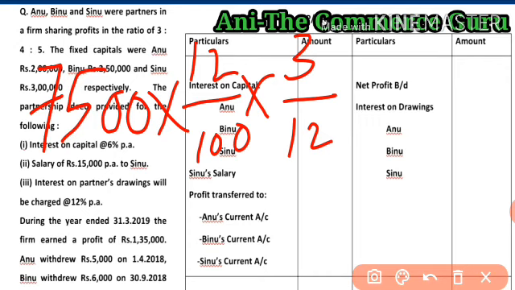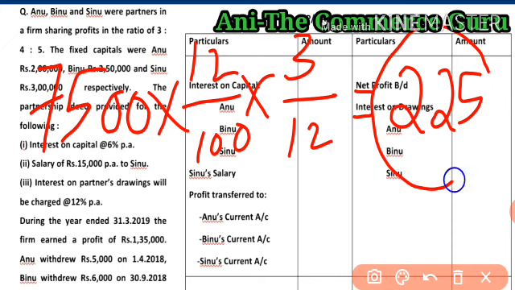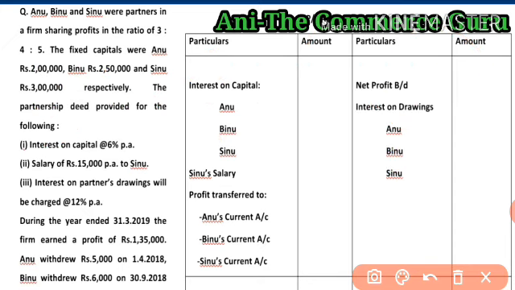When you solve this one, you will get the answer as 225. So Sinu's interest on drawing is 225. I hope this much calculation is clear to you.